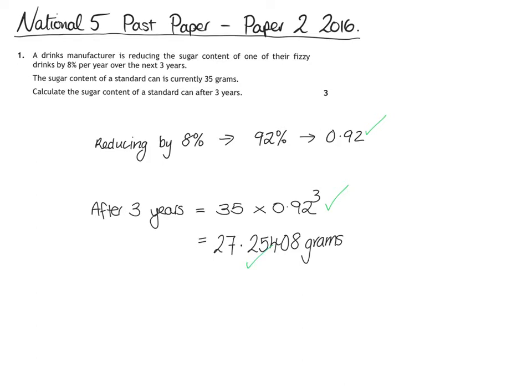Okay, so now on to question 2. For question 2, we've been told that a pollen sample weighs 12 grams and it contains 1.5 times 10 to the power of 9 pollen grains. So if we want to know the weight of 1 pollen grain in grams, we know that 1.5 times 10 to the 9 grains weigh 12 grams.